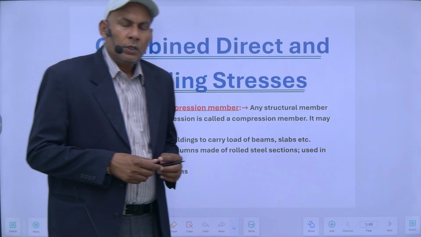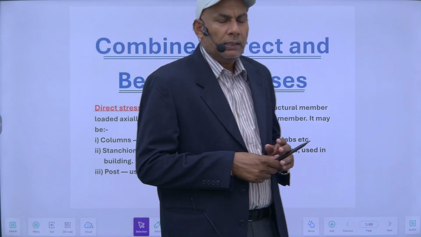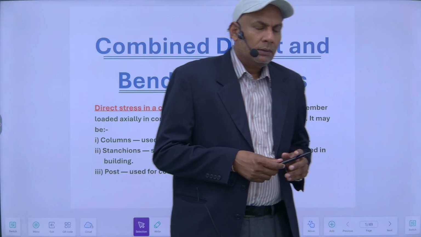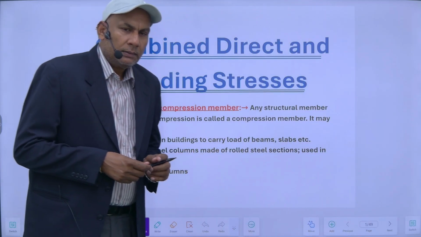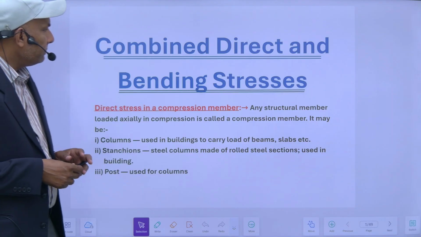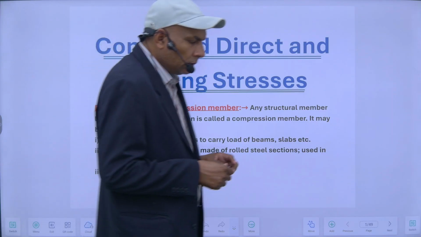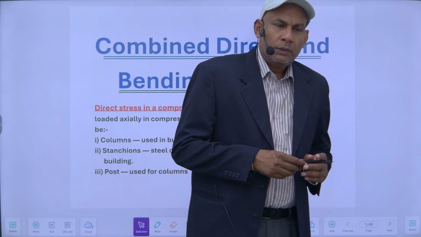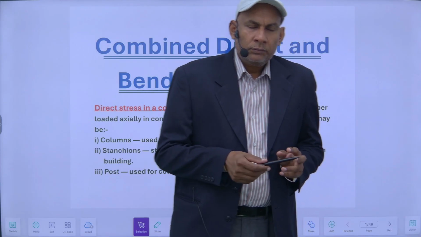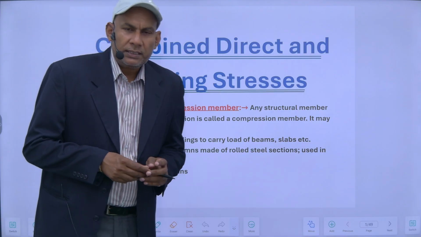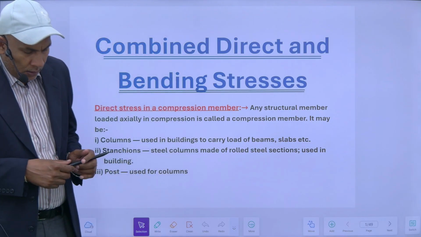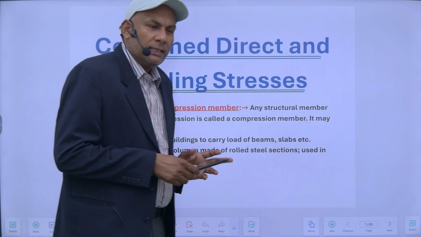Today I am going to give a lecture on the chapter of direct and combined stresses. So far, we have discussed only the direct stresses and bending stresses. What happens when both the stresses act together?